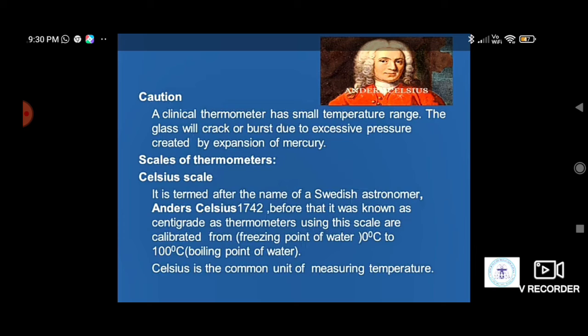Before that, it was known as centigrade, as thermometers using this scale are calibrated from the freezing point of water, 0 degrees Celsius, to the boiling point of water, 100 degrees Celsius. Celsius is the common unit of measuring temperature.